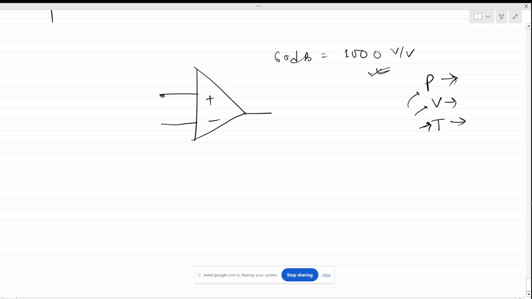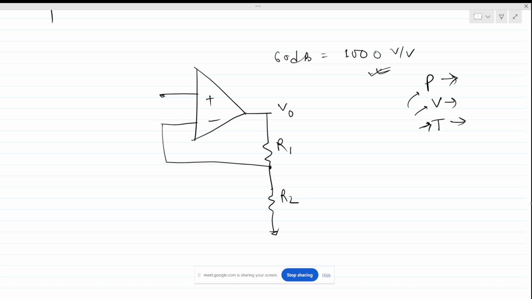So let's have a negative feedback circuit first. Let's say this is R1, R2, and this is V in here. We can make the input here or here, that can be done. The gain is A, and the gain is very high, as we have told.